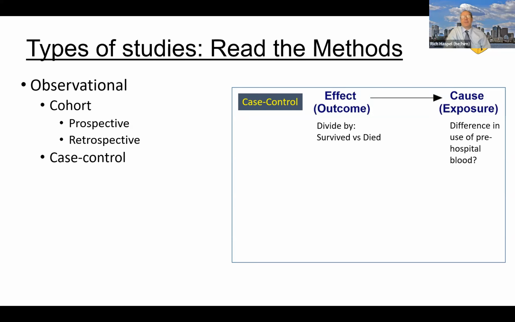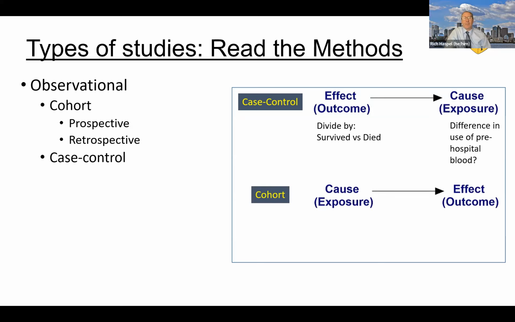Case controls are primarily used when there's a rare outcome. So most of the studies we'd be looking at in trauma are cohort studies. And there you start by dividing by the exposure, for example, whether they received pre-hospital blood or didn't. And then you compare whether there's a difference in survival.